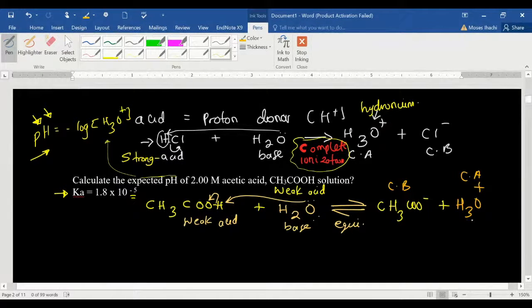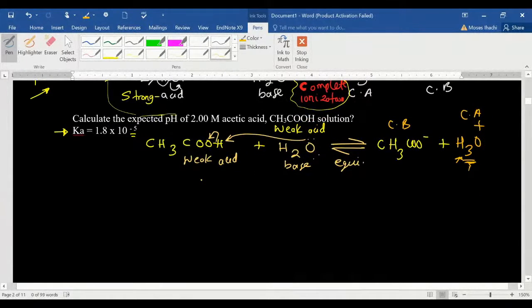This is not formed in lots of amounts, so you're not going to use this formula directly. We have to find the concentration of H3O+ before we apply the formula, because acetic acid is a weak acid. So we use ICE charts, especially when you have weak acids and bases being partially ionized.